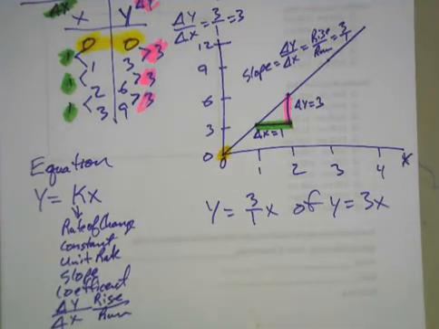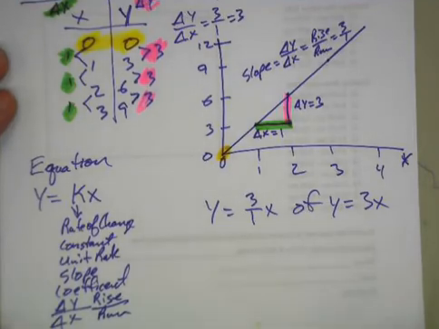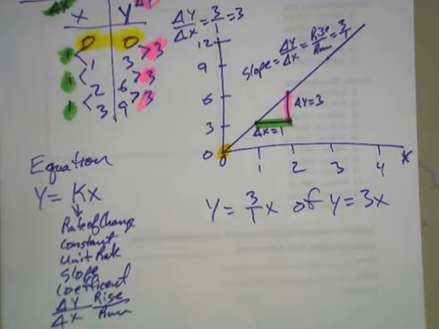Linear relationships are very similar to proportional relationships in that the rate of change is constant, but they are going to have a different starting value. All proportional relationships are linear relationships, but not all linear relationships are proportional. And we're going to explain why next.